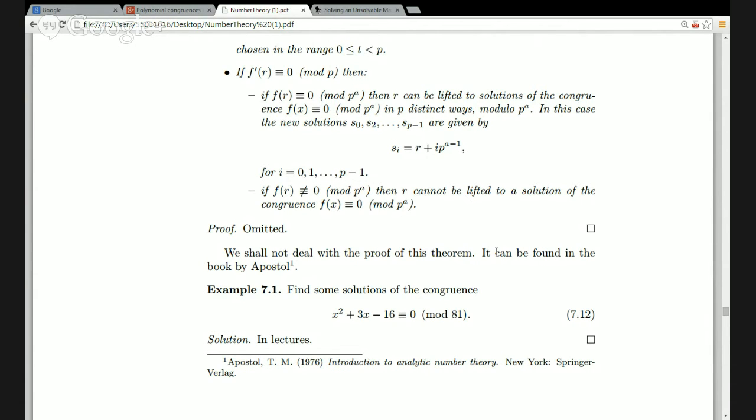Do I write down x squared plus 3x minus 16? I should simplify things, because if I'm working modulo 3, well, I agree with you on the x squared bit. 0, because it's 3. Modulo 3, 3 is 0. So there is no x term.